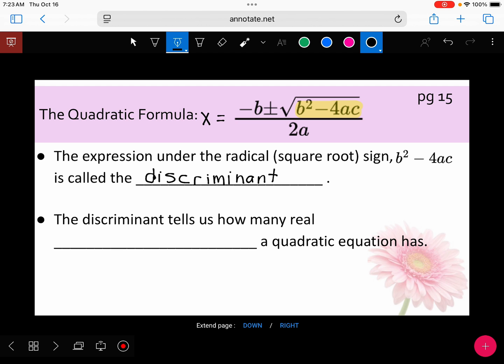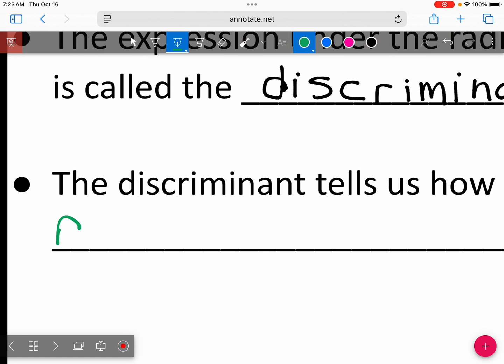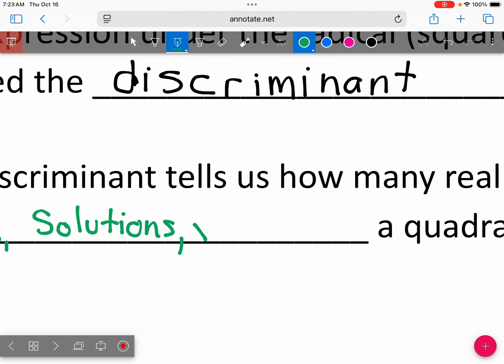So the discriminant tells us how many real roots, or solutions, or zeros, or x-intercepts. Those are the synonyms again. Solutions, x-intercepts, or zeros.